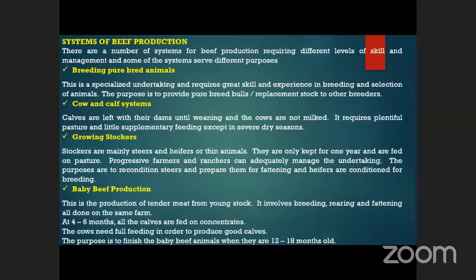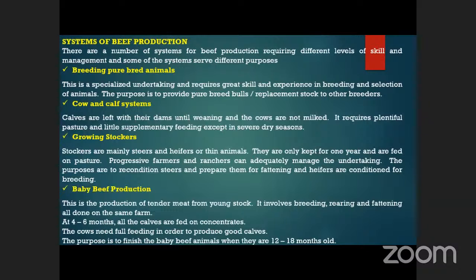But before that, we have systems of beef production. Just like the way we studied about poultry, we have different systems of poultry keeping. So here, systems of beef production, there are a number of systems for beef production requiring different levels of skill and management.